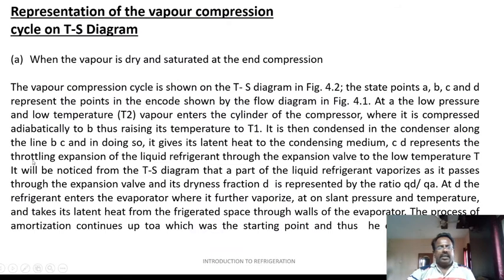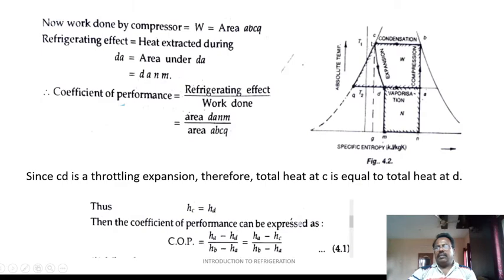CD represents the throttling expansion of the liquid refrigerant through the expansion valve to the low temperature T2. It will be noticed from the TS diagram that a part of the liquid refrigerant vaporizes as it passes through the expansion valve, and its drainage fraction is D. This is the condensation process and this is the expansion process.